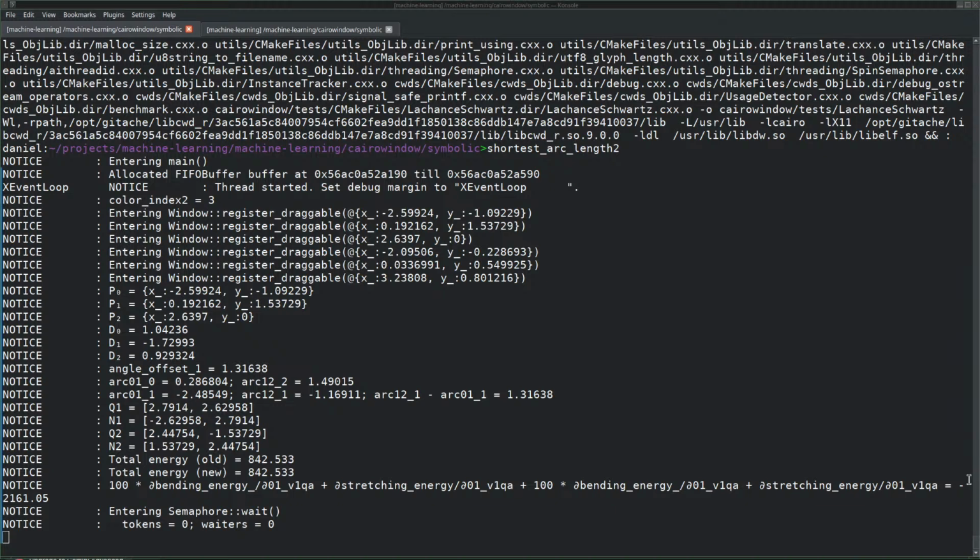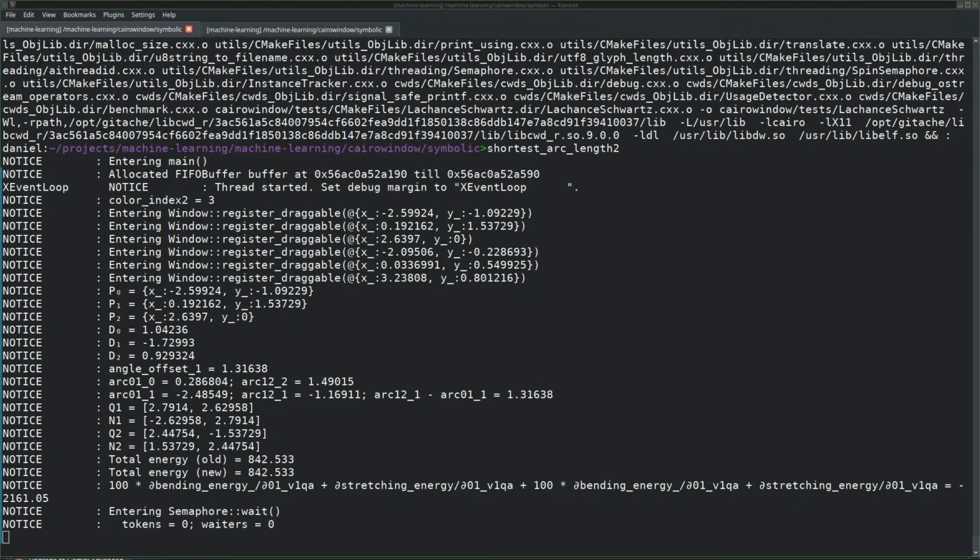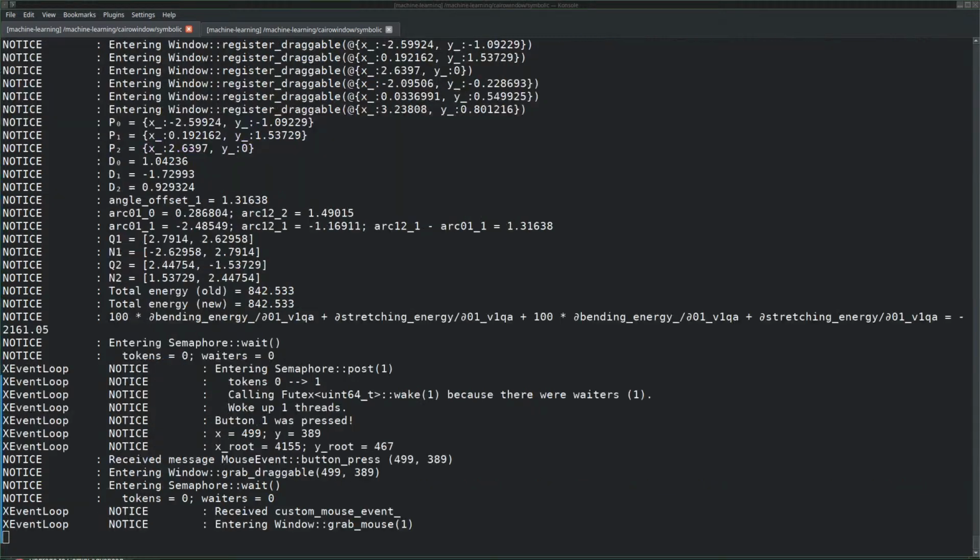Now we have a negative value here for the derivative. Let's see what happens to that if I change it. Imagine me dragging stuff.